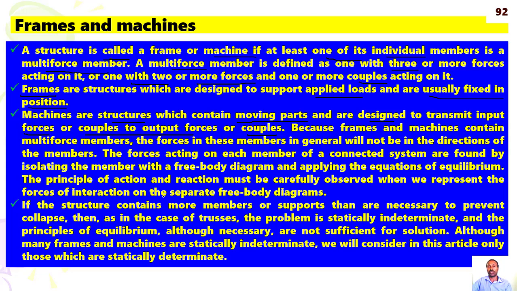For example, a power transmission mechanism is a machine. Because frames and machines contain multi-force members, the forces in these members in general will not be in the direction of the members, clear? Take a power transmission shaft or rotational object, and you may have this aspect.